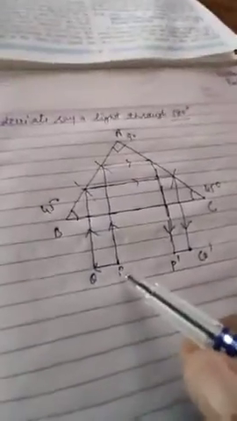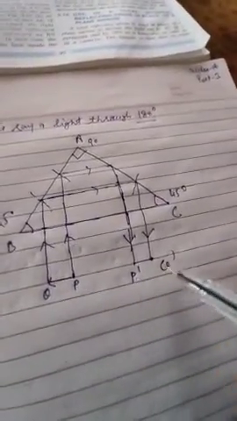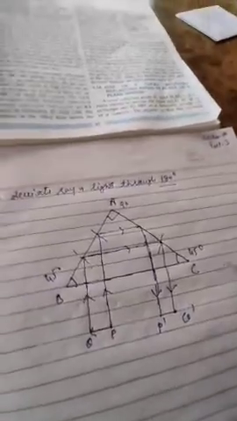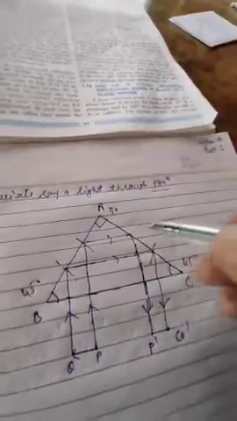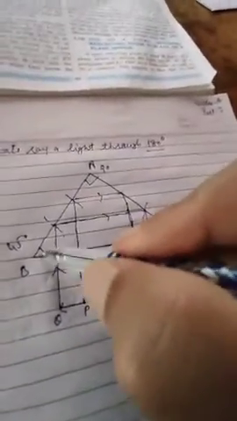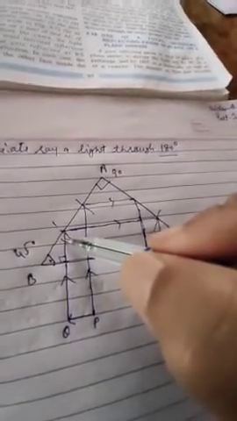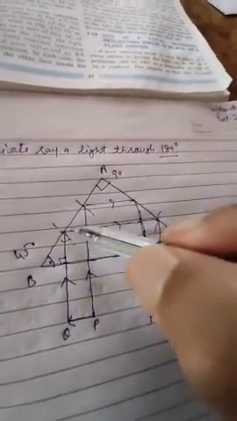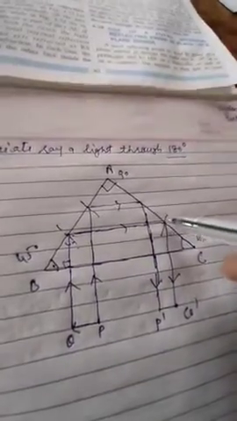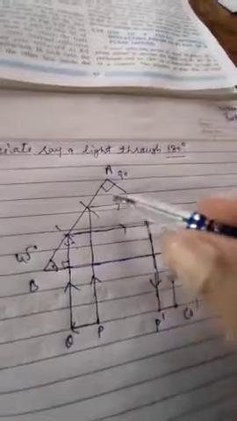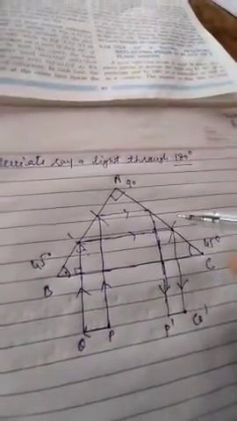This is the object PQ and this is the image of this object, P dash Q dash. So again you have to apply the same relation. Just see, this angle is of 45, this angle is of 90, so this angle will be of 45, so it will get total internal reflection. Again like this only, so we can draw this diagram to deviate a ray of light through 180 degree.